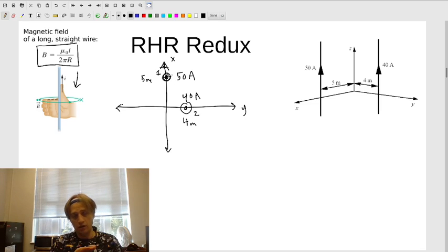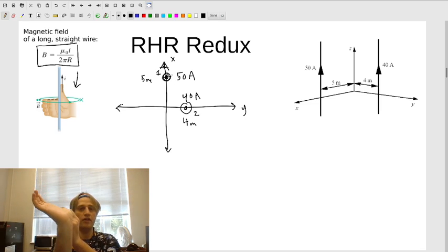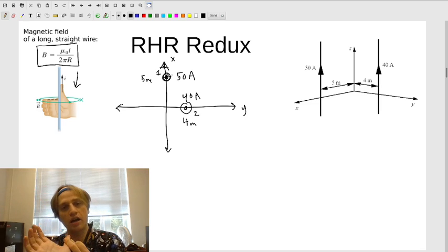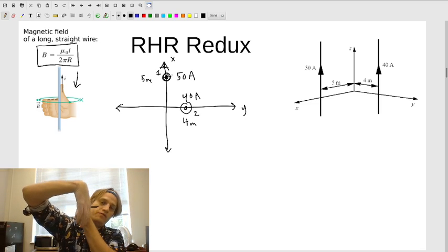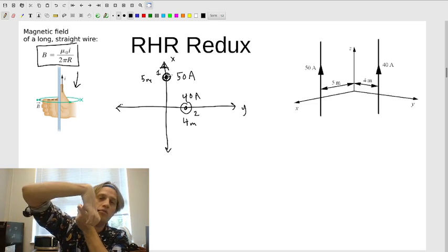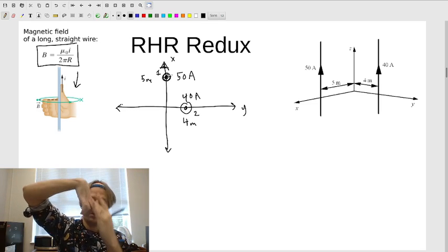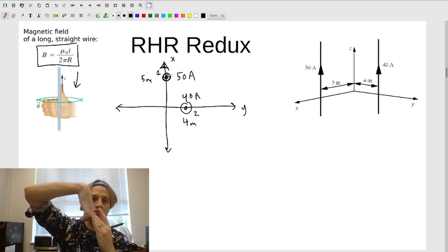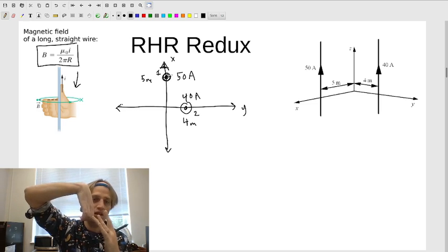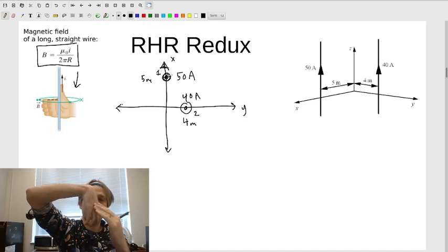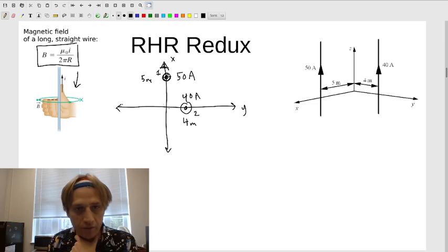So use your thumb, point it out of the page in the direction of the 50 amp, and then you can use the side of your hand to point in the direction R from the current to the point of interest at the origin, and then your fingers curling around, perpendicular to the flat of your hand, are going to be pointing in the direction of the magnetic field.